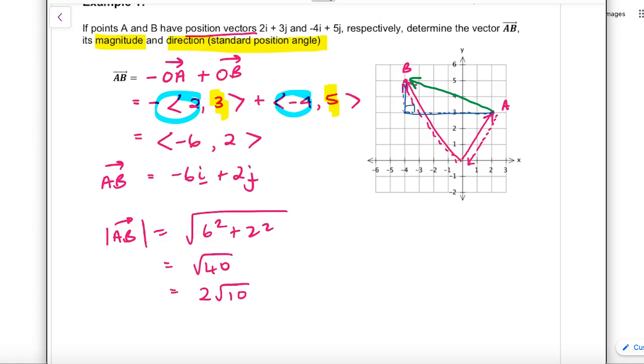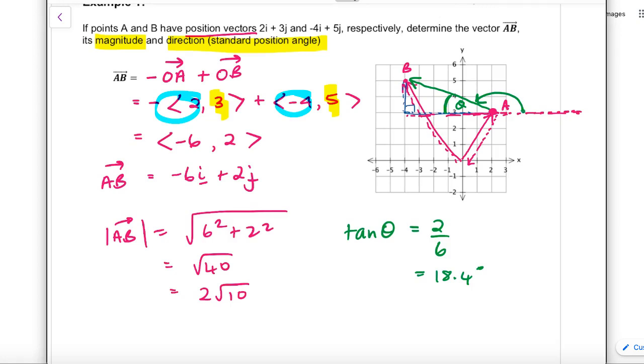So if we consider this vector AB, and we extend out a positive axis from the point at the tail of this vector, the angle we're looking for is a standard position angle from the positive x-axis we've drawn in. So we could easily find angle theta within the triangle that we formed. So let's say that that's going to be the tan. The opposite side is 2 over the adjacent of 6, and that will give us 18.4 degrees.